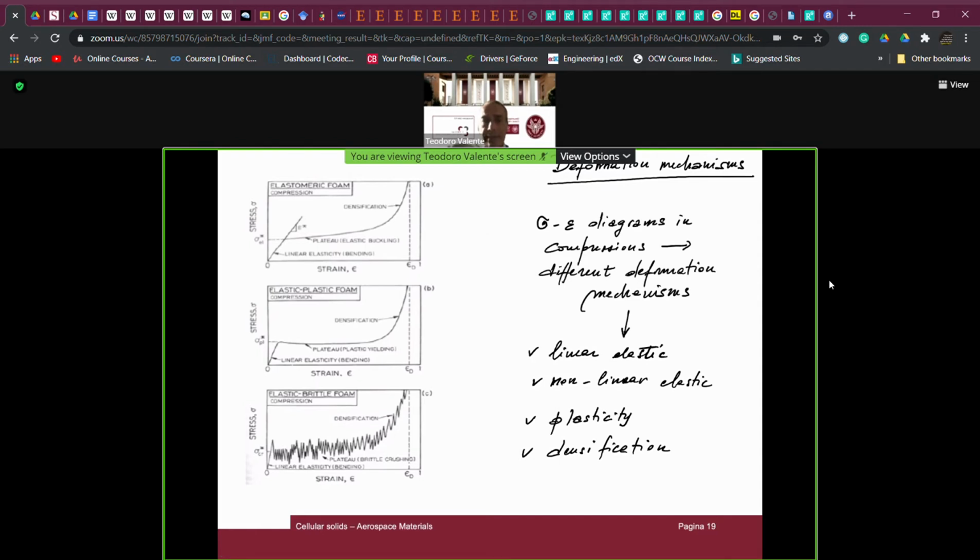And generally speaking, just to categorize, we can have three different classes of behavior. The first diagram here is the one referred to the case in which the base material shows neither a brittle behavior nor a plastic behavior.